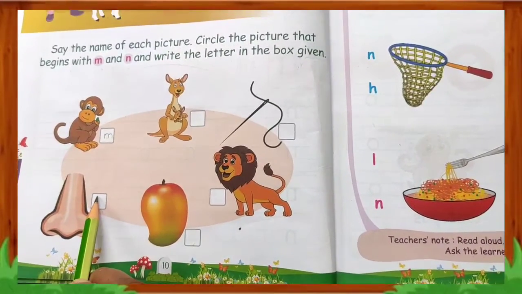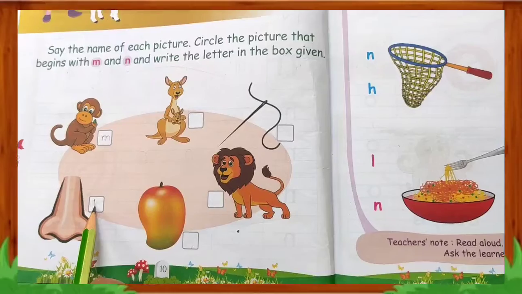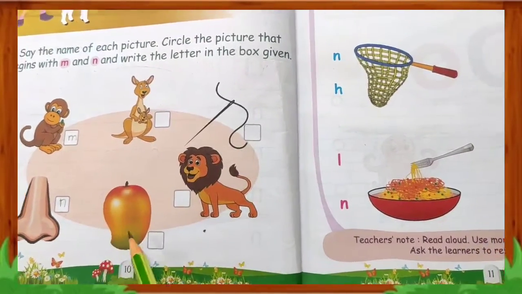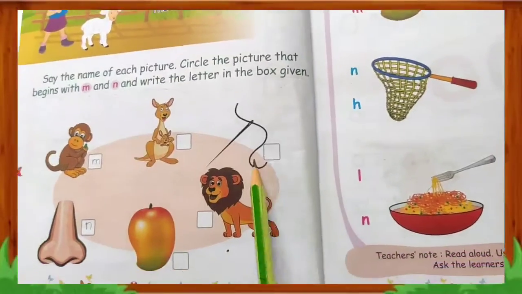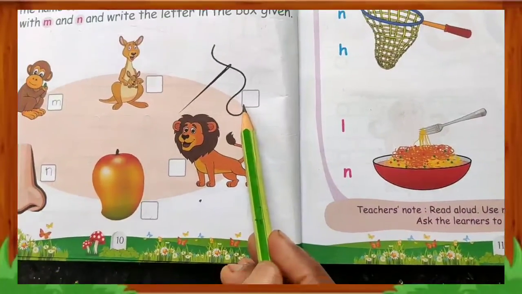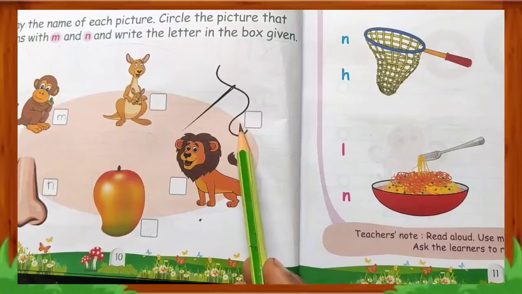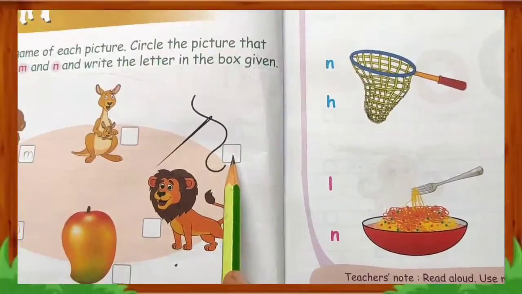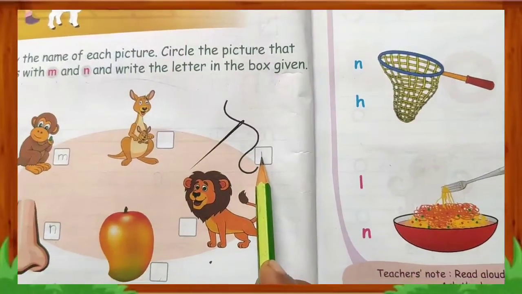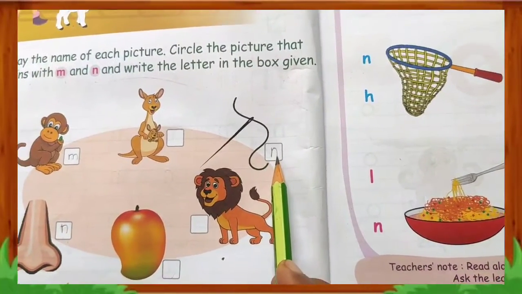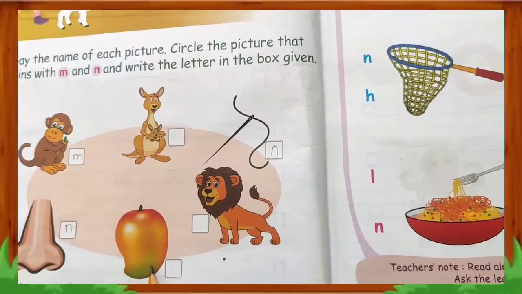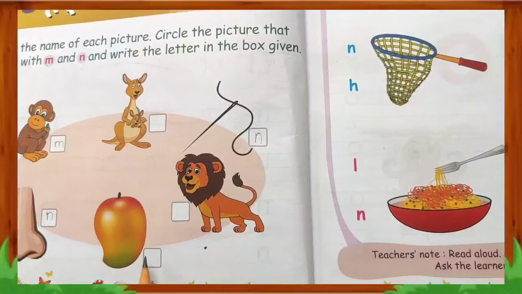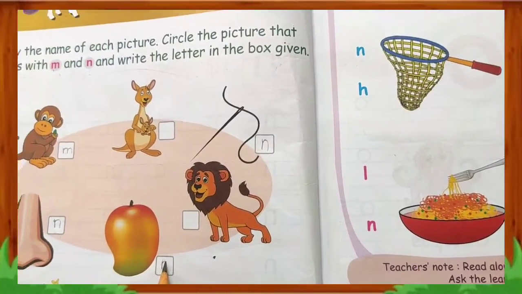Right here, N. Next, N for needle. Right here, N. Next, mango. M for mango. Right here, M.